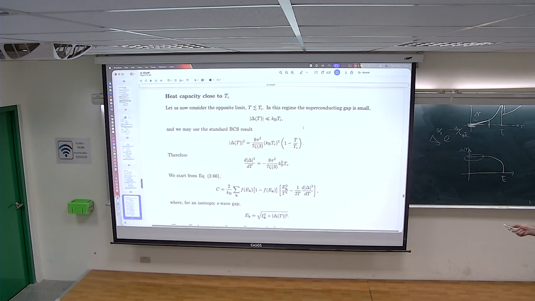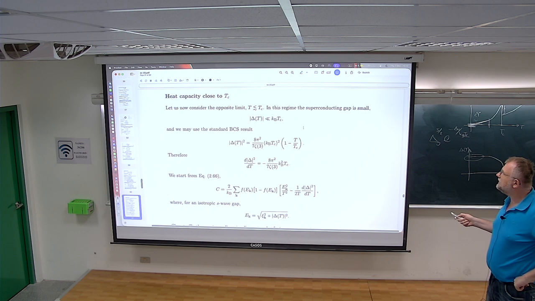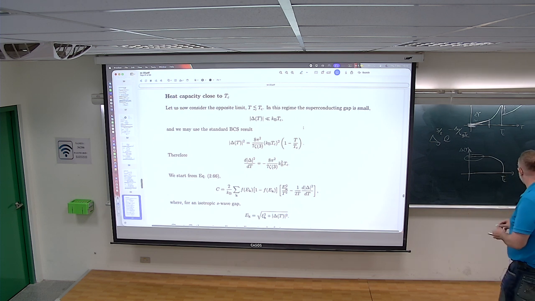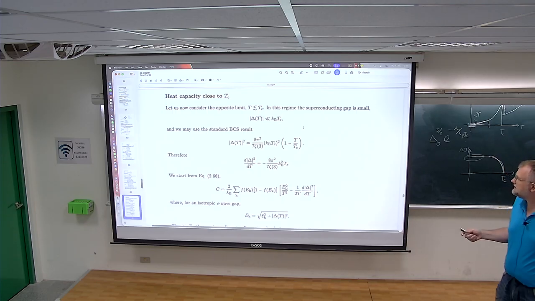Now we are doing the opposite limit, when we go with T close to Tc. Yesterday I didn't derive it, but it's written in the notes that close to Tc, the temperature dependence of the gap is given by this formula. It's a square root, as I was telling you before.